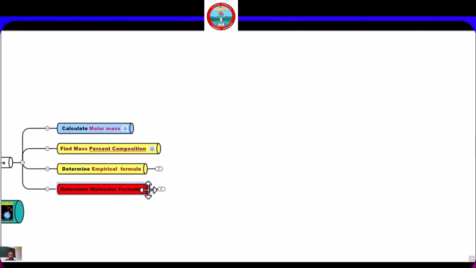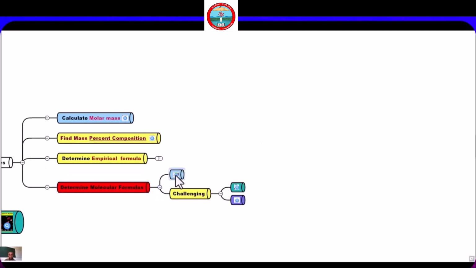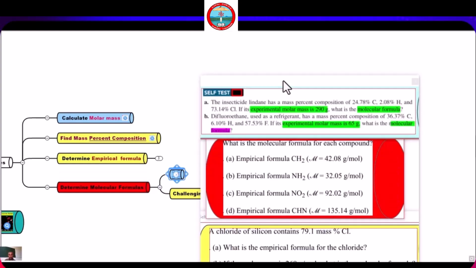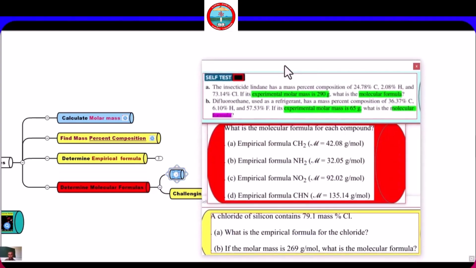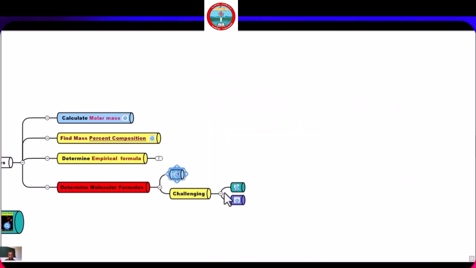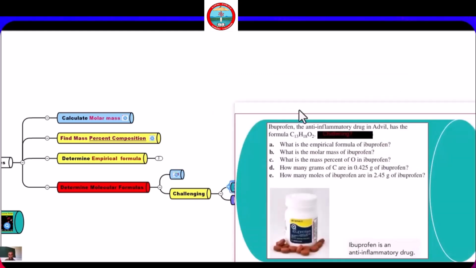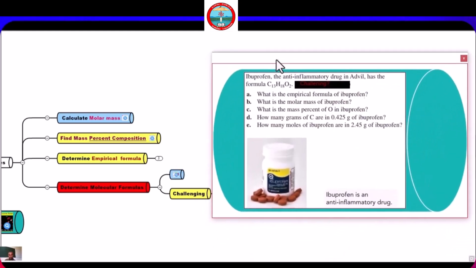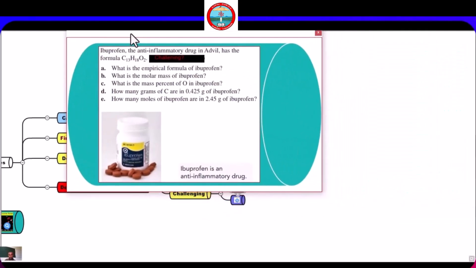The first activity is this one, calculate the molecular formula for these activities, and you are asked to determine the molecular formula for more challenging questions. Here you have one question, and here you have another question.